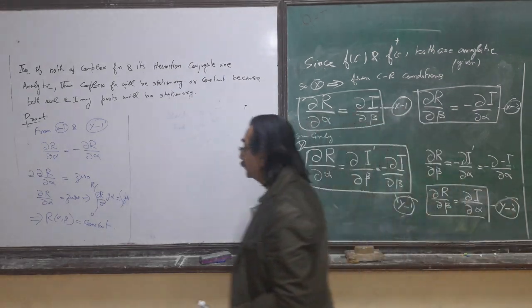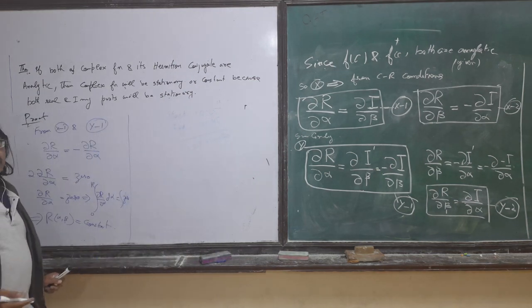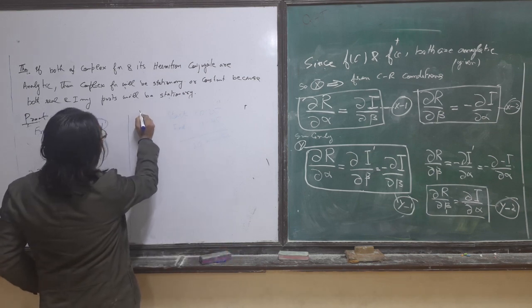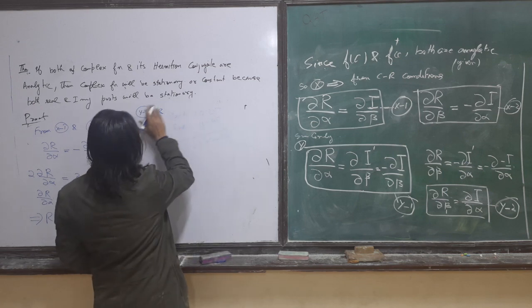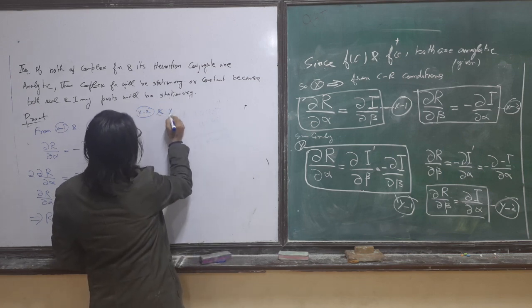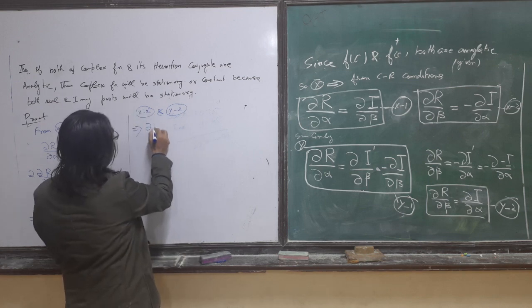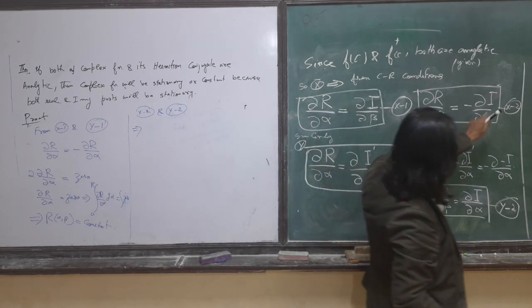Similarly, from x2 and y2, it implies that partial r over... in this case now we have to consider the iota part.